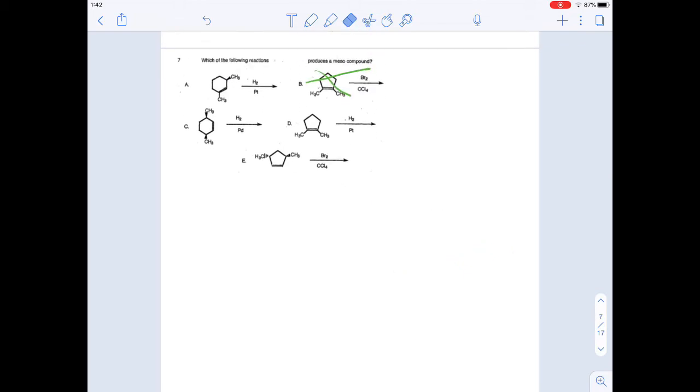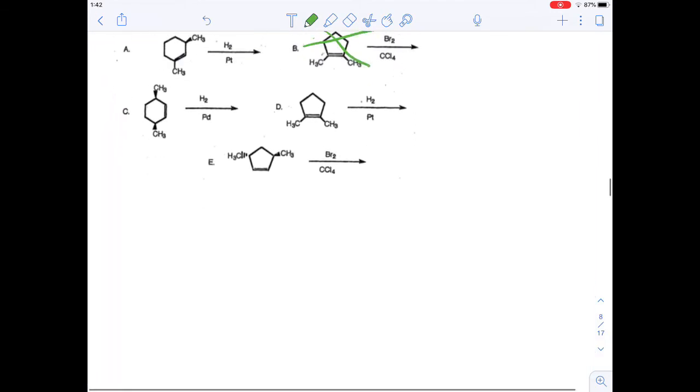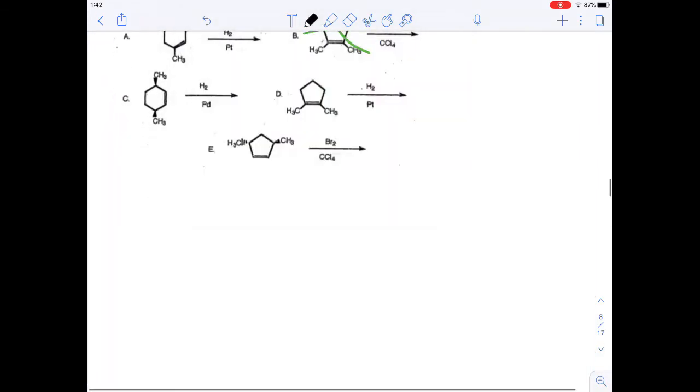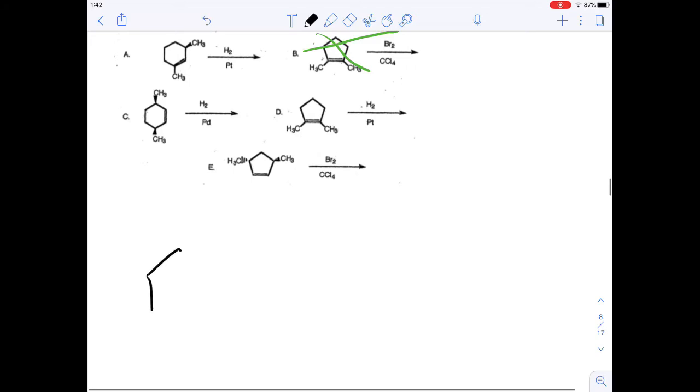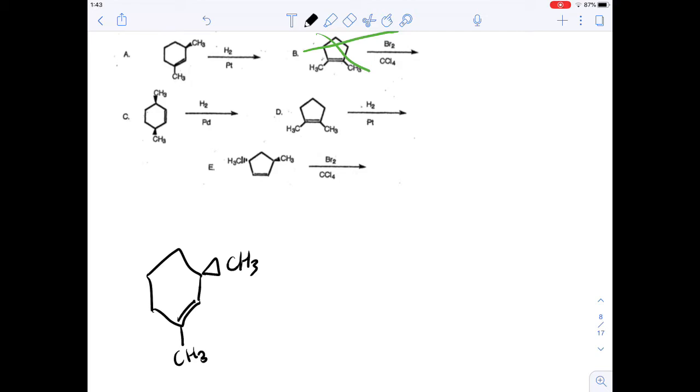Okay, so A. A is giving you, let me redraw it down here. So you're going to add 2 hydrogens across the double bond. In this case, like I said, I'm going to continuously put them on dashes when I'm using H2/Pt, just for consistency.